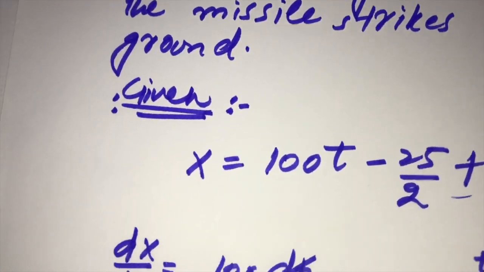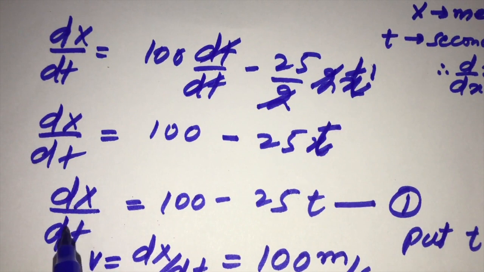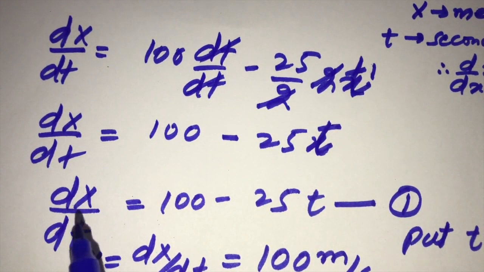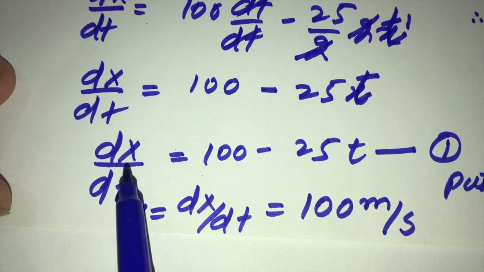So we put 0 in equation 1 in place of velocity, because when the height of the missile is maximum, this velocity term is equal to 0.